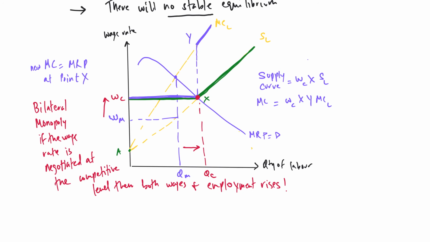You may get a higher salary at the expense of lower employment. So the best wage rate to ask for is the competitive wage rate, because above that you will not be able to get yourself the same employment level, or the highest employment level is happening at WC.